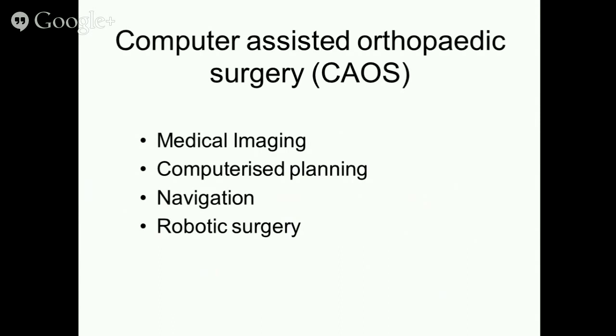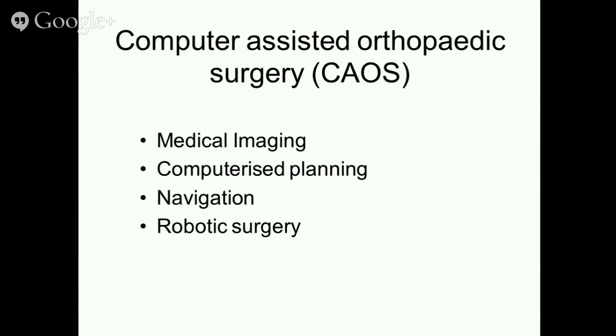So for those of you who haven't seen it, what you do is you get a preoperative medical image of the joint. Usually that's MRI or CT. You then segment that image so that you can plan the operation in the computer, and then you go into theatre with a pre-planned position of the implants.